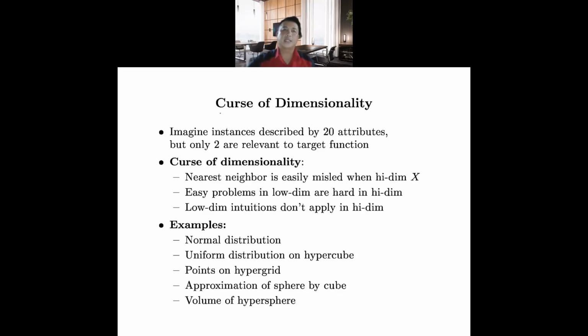Just imagine that you have one record described by 20 attributes, but only 2 are relevant to the target function, only 2 features that can be used to classify to the target function.